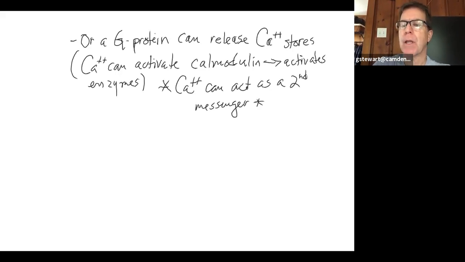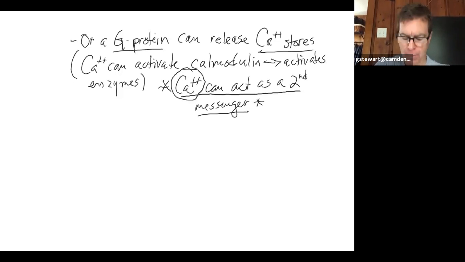So that's the other classic second messenger system in the human body at the target cell, is that calcium gets released after the hormone binds to the G protein. Calcium gets released inside of the cell, and it's calcium ions that act as a second messenger. And they can do the same thing. They can alter cellular metabolism.